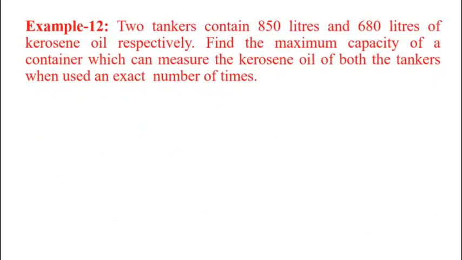Then example 12. Two tankers contain 850 liters and 680 liters of kerosene oil respectively. Find the maximum capacity of a container which can measure the kerosene oil of both the tankers an exact number of times.